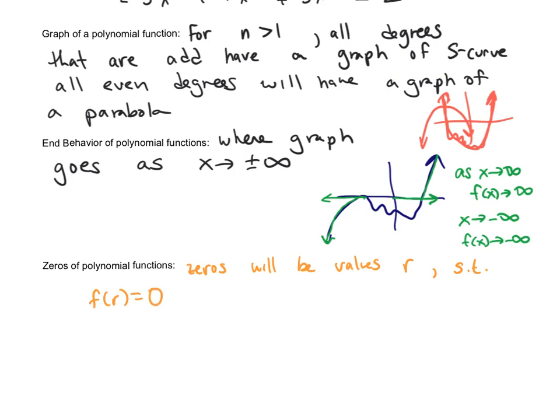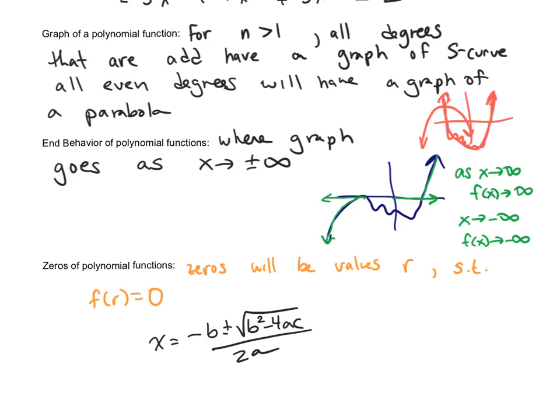So we're going to try to find values that make it 0. And we'll look at a couple ways to do this. We can look with a graph, because remember, zeros are also x-intercepts. We'll also use things like, for quadratics, we know we have the quadratic formula. x equals negative b plus or minus the square root of b squared minus 4ac, all over 2a. So we can use that one as well.